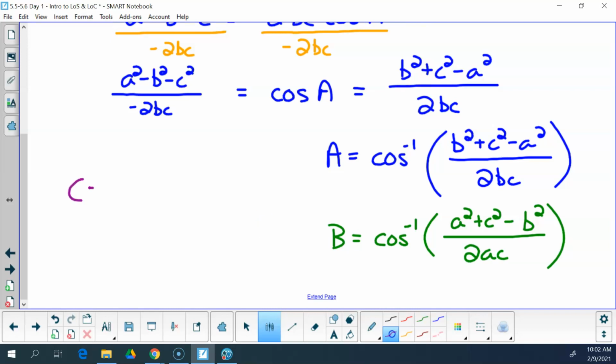Angle C would be the inverse cosine of, so we're solving for C, so then that would be A squared plus B squared minus C squared all over 2AB.